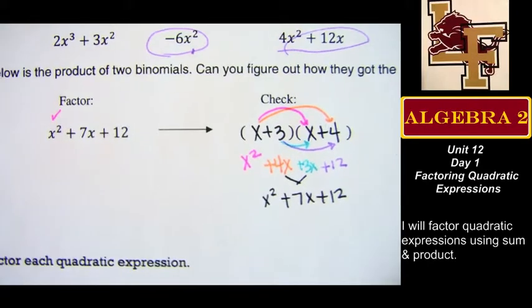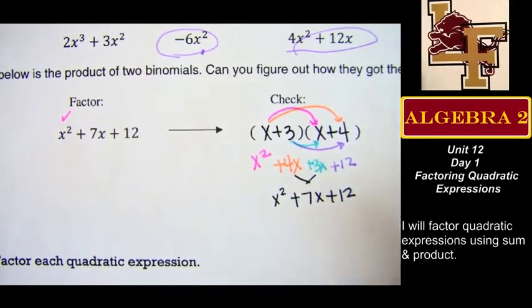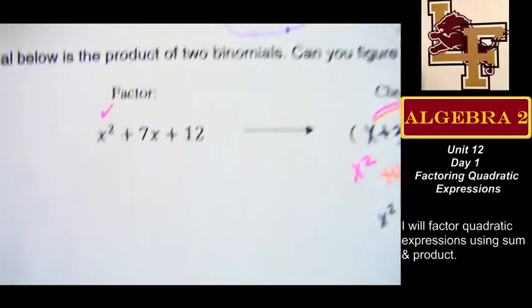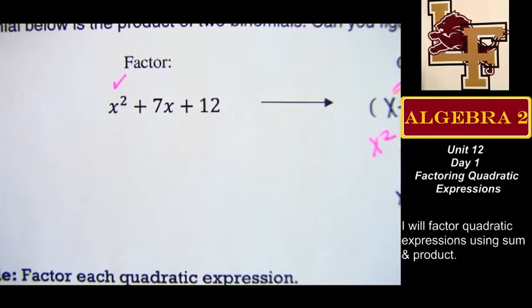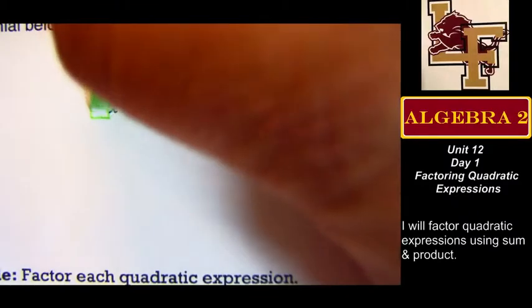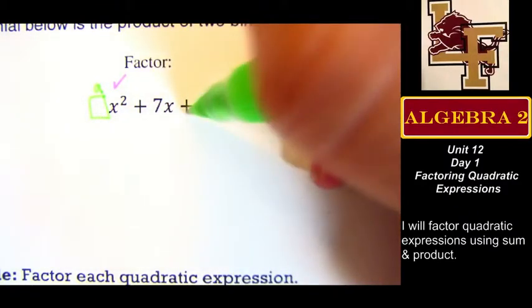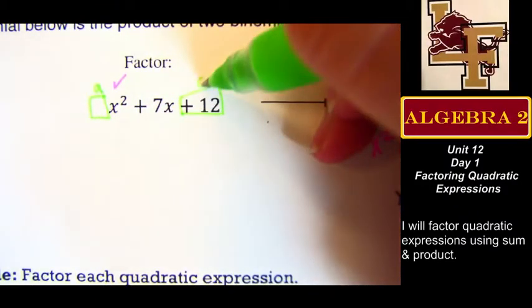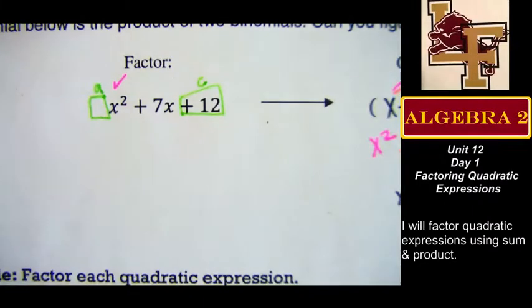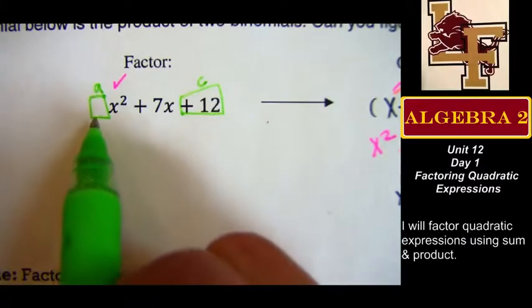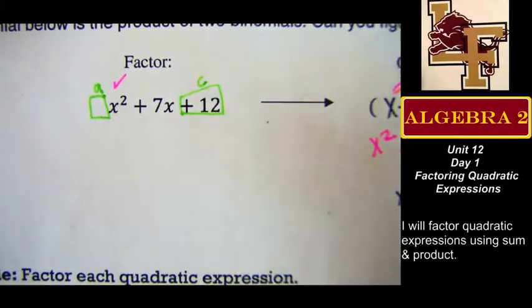It was really bad. So let me show you that technique, okay? All right. The technique starts with figuring out a number A and a number C. That is the first term's coefficient and the last term's coefficient. I don't have a number in front of the x squared, so I should put a 1.